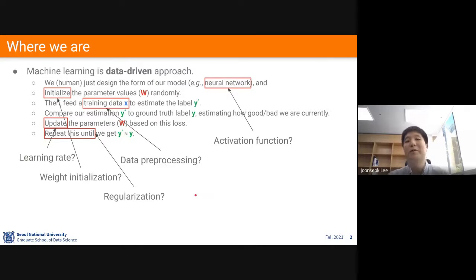All of these nitty-gritty details actually affect the performance of our models significantly. So you have to know some practical things like this to actually train your model efficiently and effectively. Even if you have a very nice model, if all of these things are not properly treated, you're not going to get good results in your experiments.